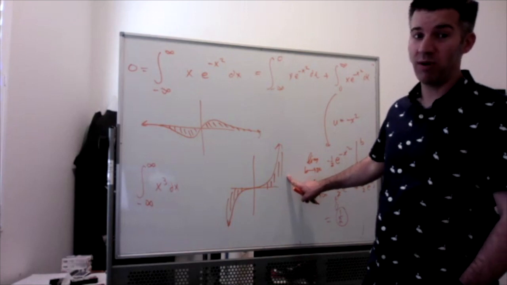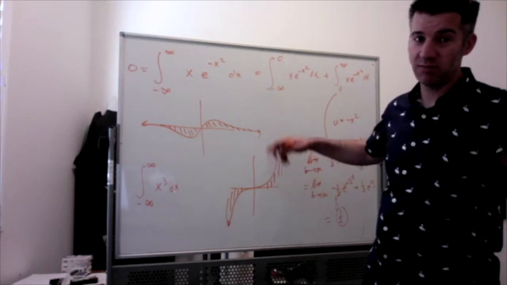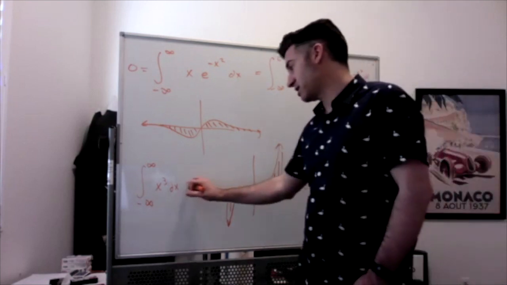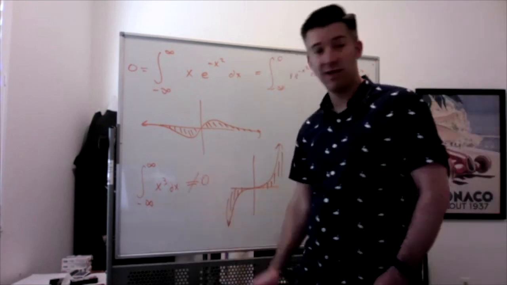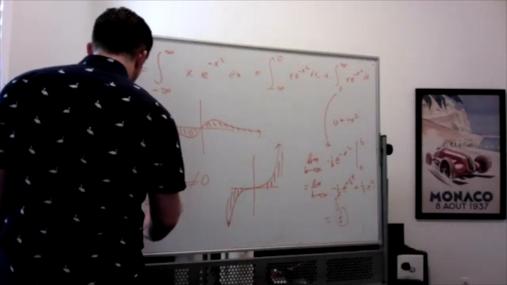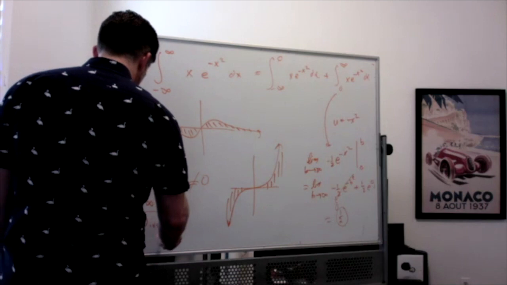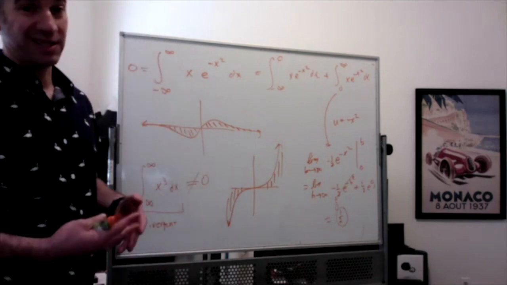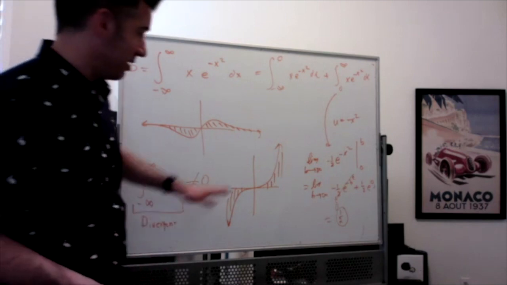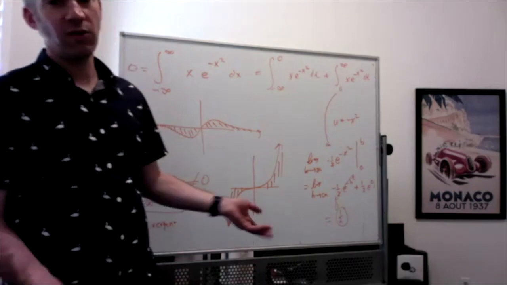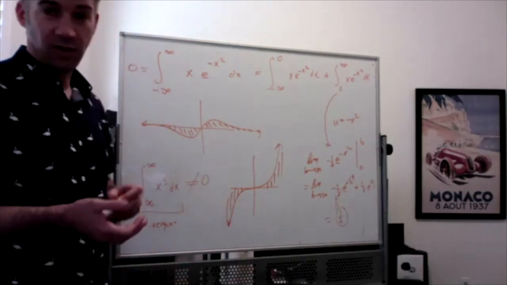And once one part of your integral diverges, poof, you're done. The whole thing diverges. So we do not get to say that this is equal to 0. It's not. This integral is divergent because one of the pieces diverges. You can't say that this positive infinity here cancels out that negative infinity there, which is unfortunate but true. So we'll leave it at that.